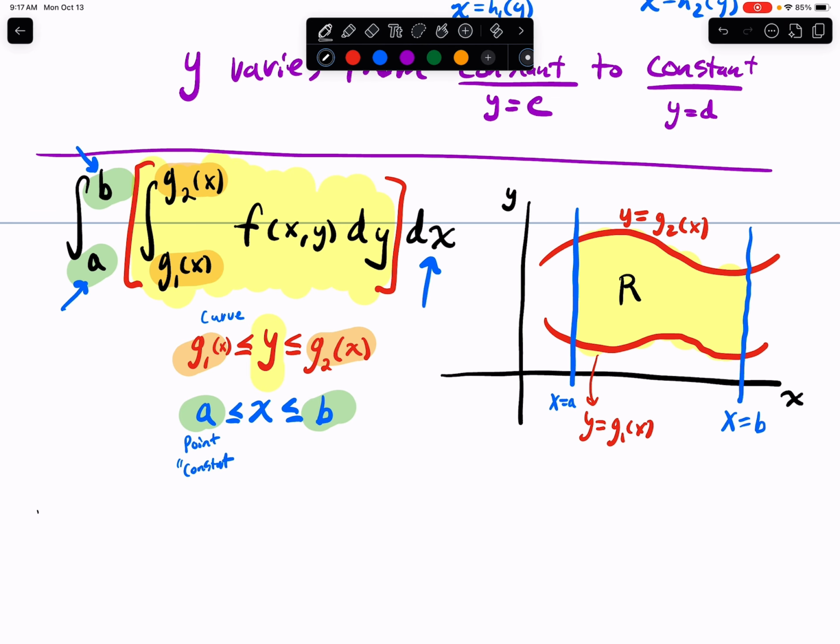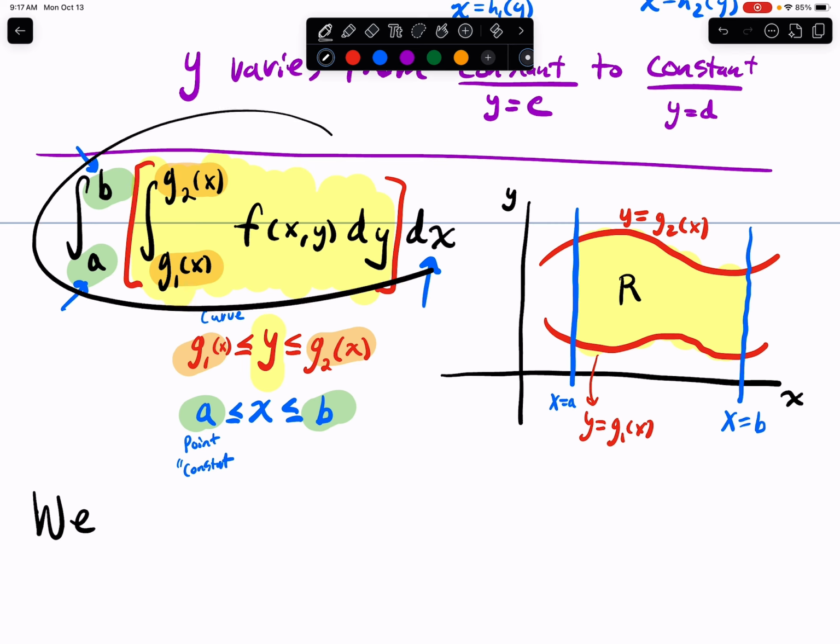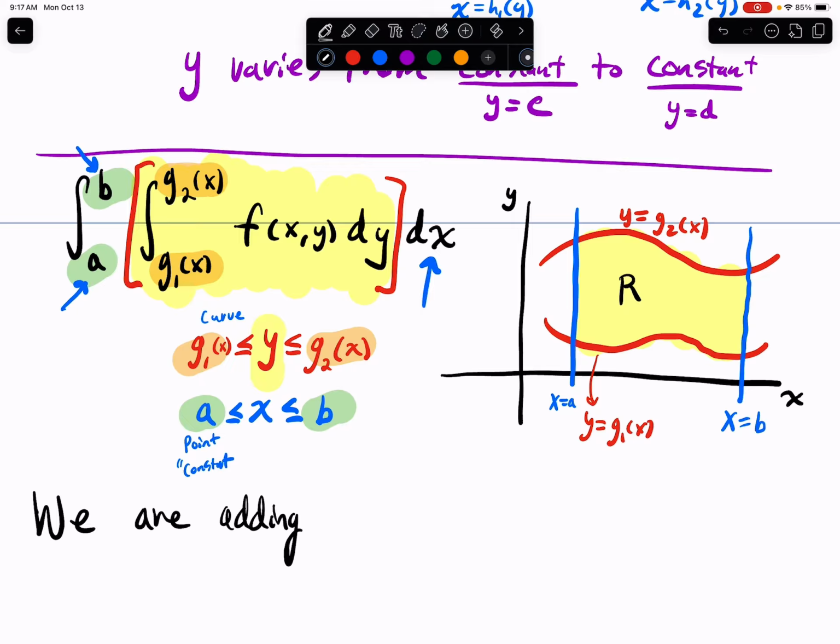All right, so we are adding. When I do integration, we are adding up the heights of the function. What am I adding up? I'm adding up this function, which is just some function in terms of z. That's my height, how far I am off the xy plane.